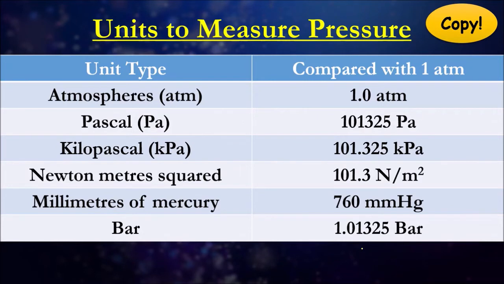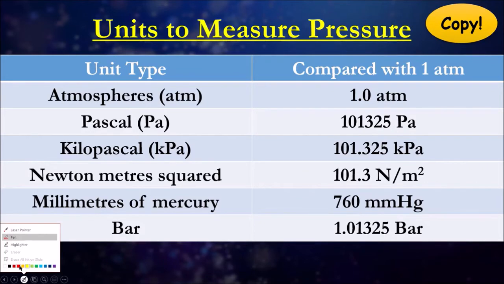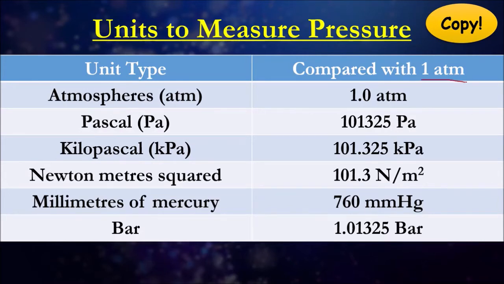If I want to do some conversions, the standard that a lot of people use and that you will see in your data sheet is 1 ATM. Now 1 ATM stands for atmospheric pressure. In terms of how much 1 atmospheric pressure feels like, it's basically what you're feeling right now.